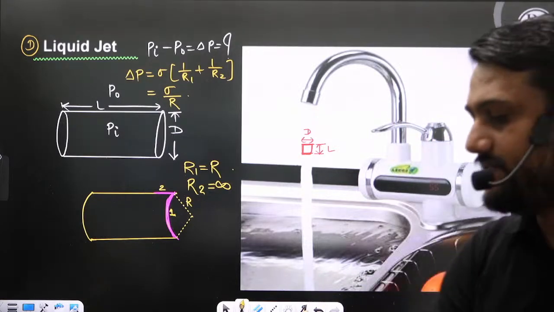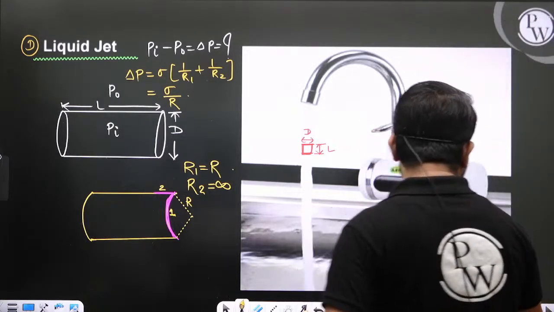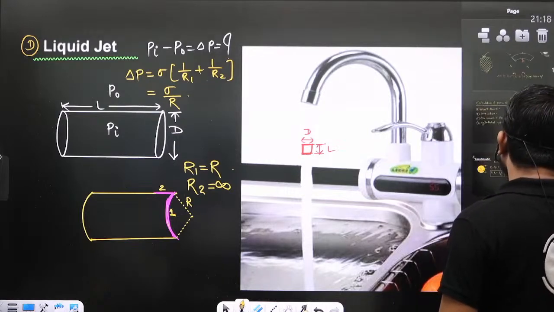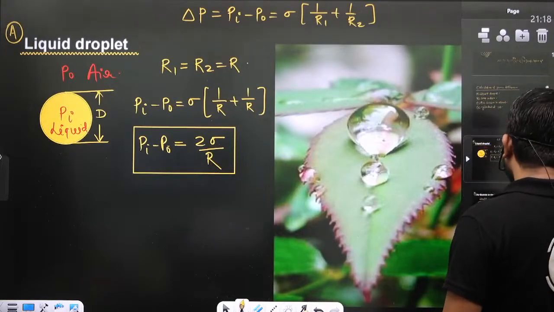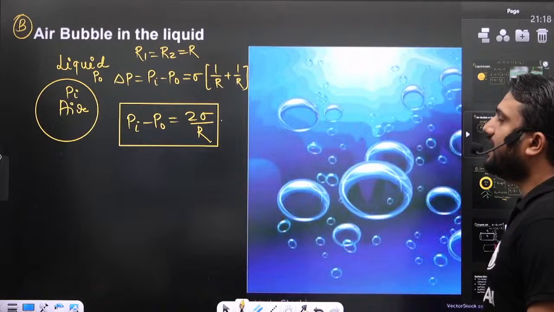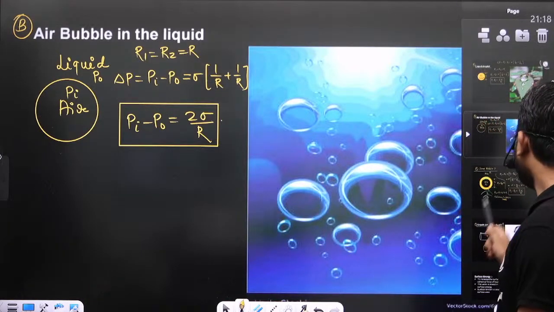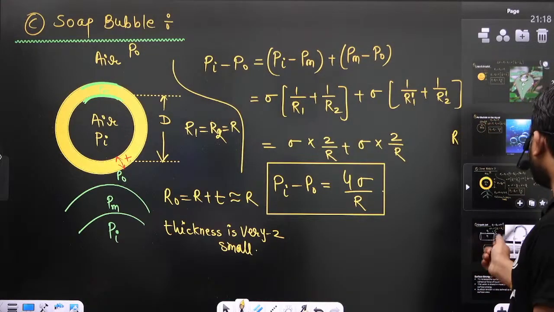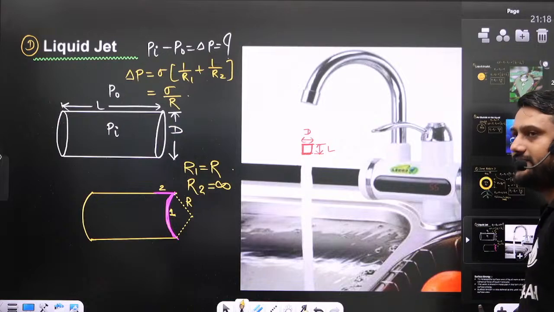The first case is the liquid droplet. The second case is the air bubble in the liquid. Third important case is the soap bubble case, and the fourth important case is the liquid jet case, right?